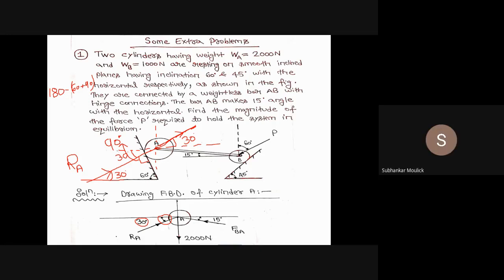Since cylinder A and cylinder B are connected with a common bar AB, or I would say BA, because if I consider cylinder A, the bar will be B to A. The cylinder B is giving some reaction to bar BA, and that bar BA is giving that same reaction to the equilibrium point A. So I should write it as force FBA. Is it clear?